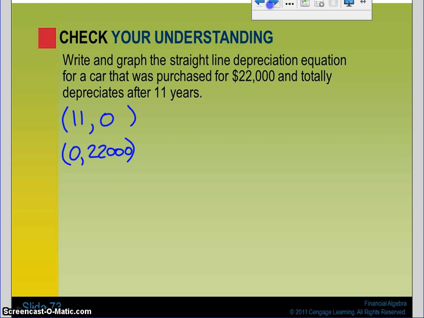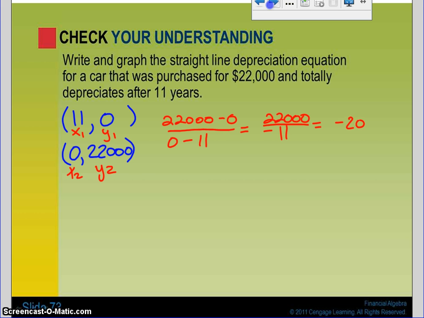Next thing I'm going to do is label my x1, y1, x2, y2, and plug it into the slope formula. I get 22,000 minus 0, all over 0 minus 11, which gives me 22,000 over negative 11, which gives me a slope of negative $2,000.